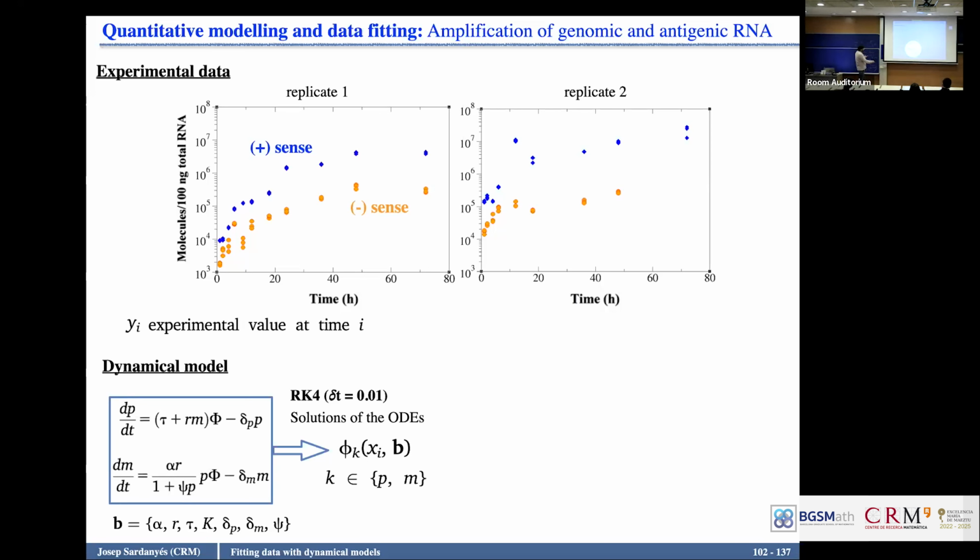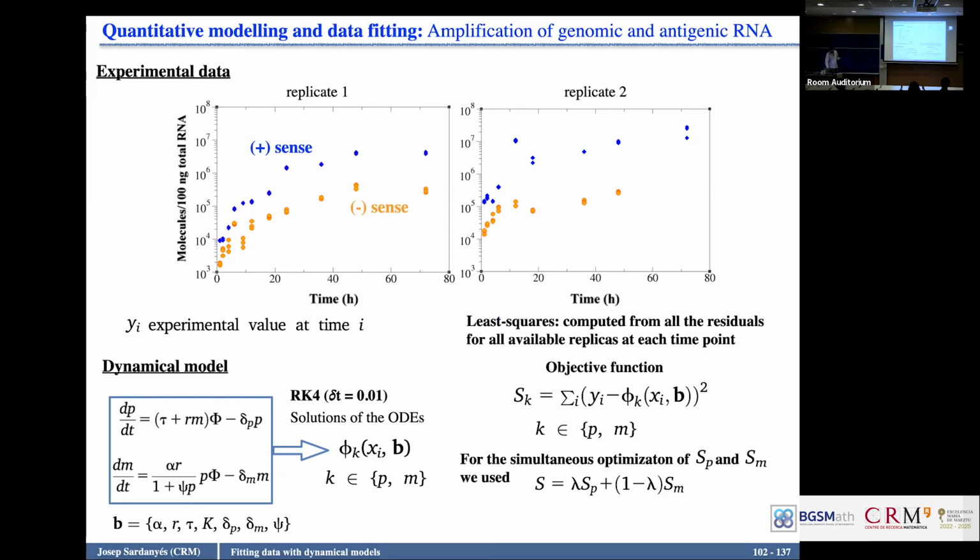Then we get a numerical solution, x_i, so we get a solution for x_p and x_n, given a set of different parameters. So this is something that we always have to do when we need to fit data to a model.